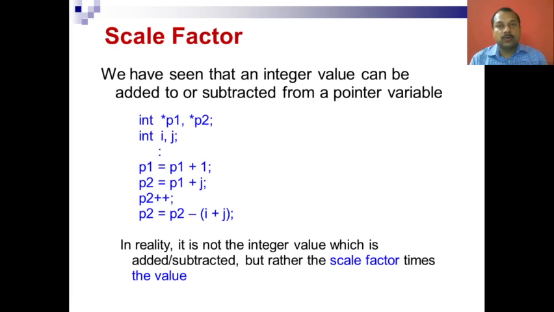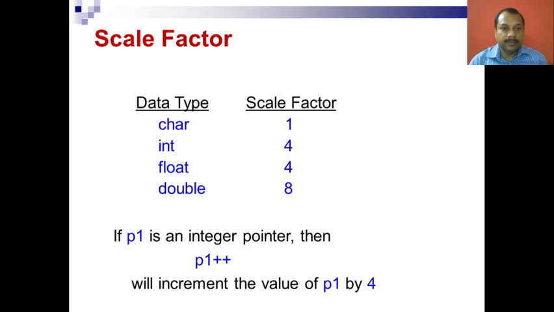Now as you know, similar to arrays, there is no bound checking here also. So it is entirely your responsibility as a programmer to keep track of where you are moving. Nevertheless, this is the information regarding the data type and scale factor.